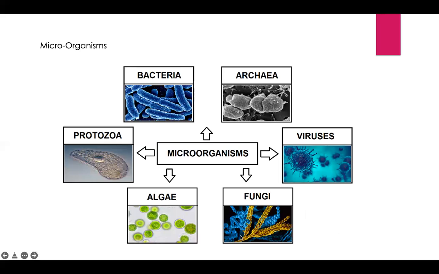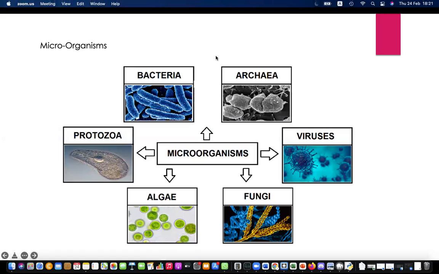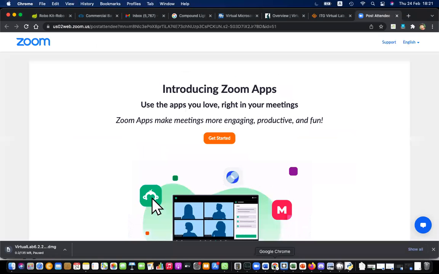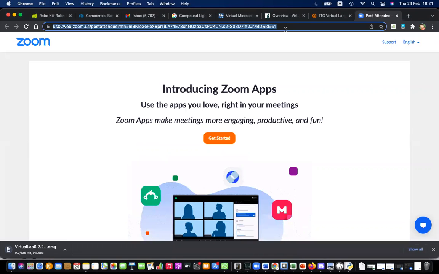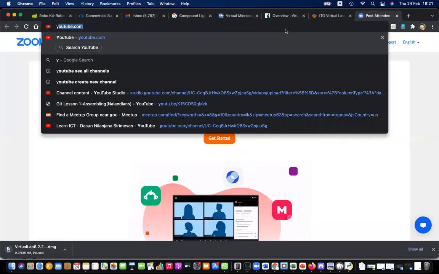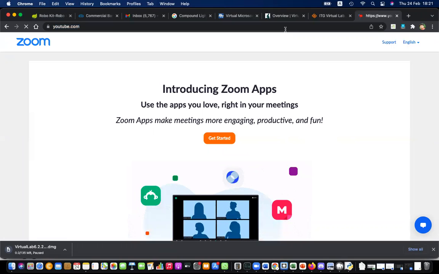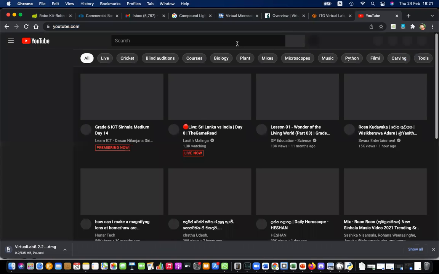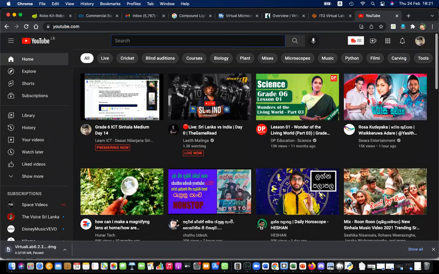But when it grows and spreads as a group, then you can see it. Let me show one example. You can do this as a practical at home. Take a piece of bread and keep a small part.